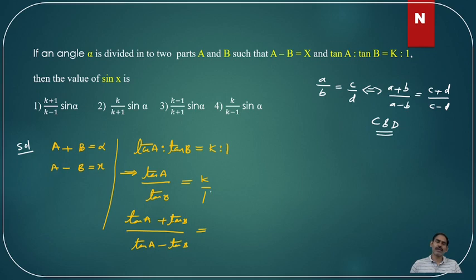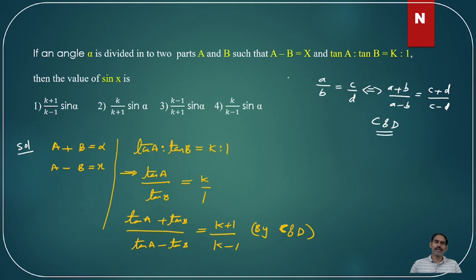Similarly, the right hand side is also k plus 1 by k minus 1. By the componendo and dividendo formula, if these two are equal, that's why these two are also equal. C and D means componendo and dividendo.